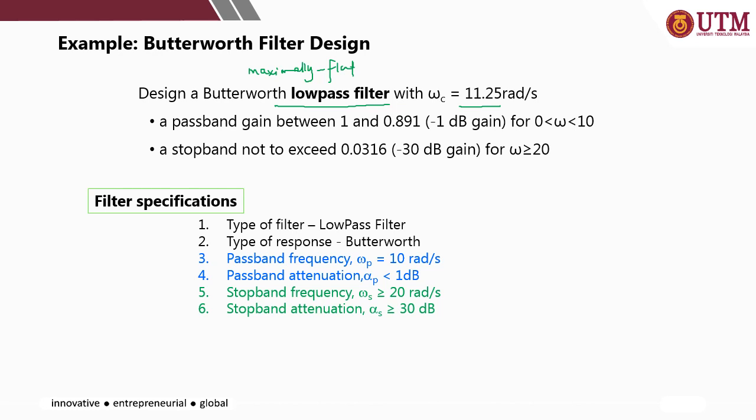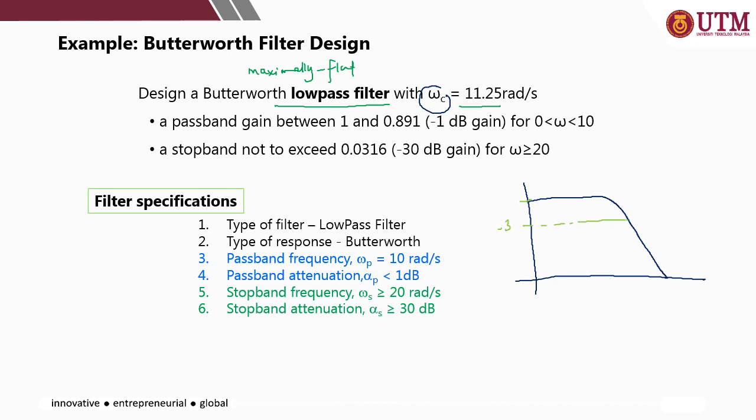If you have this kind of statement, it will be good if you can convert this into or illustrate this by using a filter response. So it is a Butterworth flat top low pass filter, and the omega C is always at the minus 3 dB point attenuation.